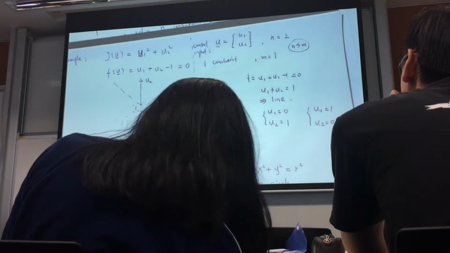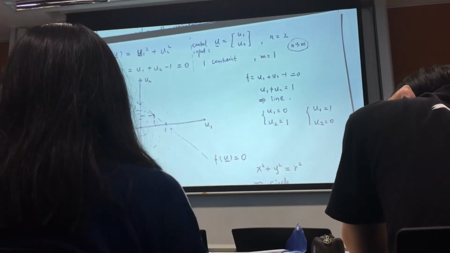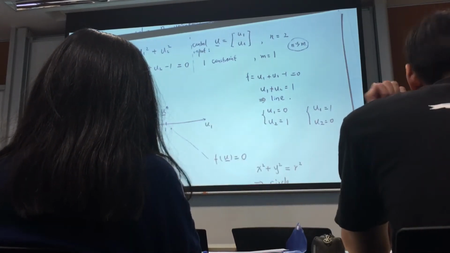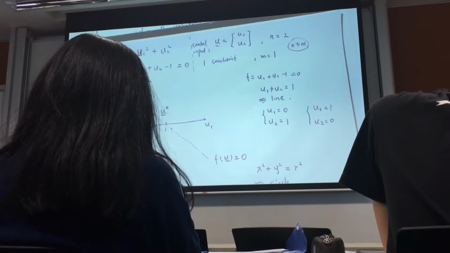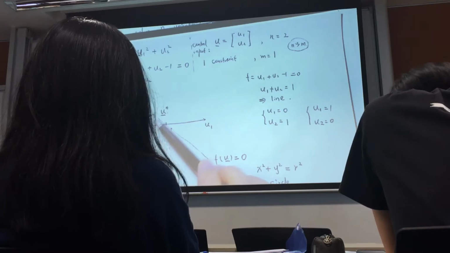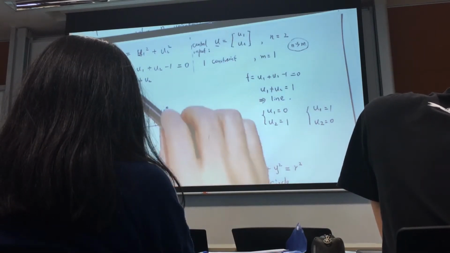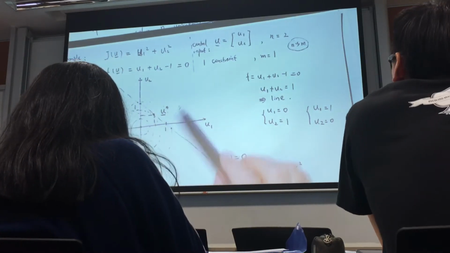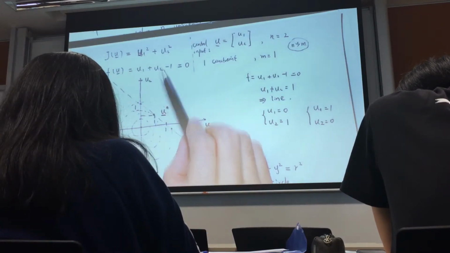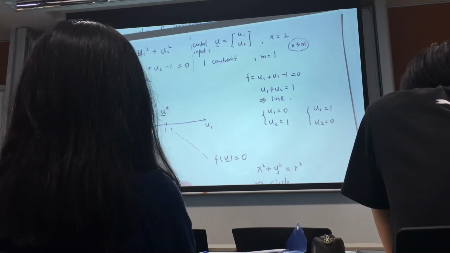So this is the solution, u star. If you decrease u1 and u2, there are no intersection points, so the constraint will not be satisfied. If you increase them further, there are points that satisfy the constraint, but the cost is greater than J star.